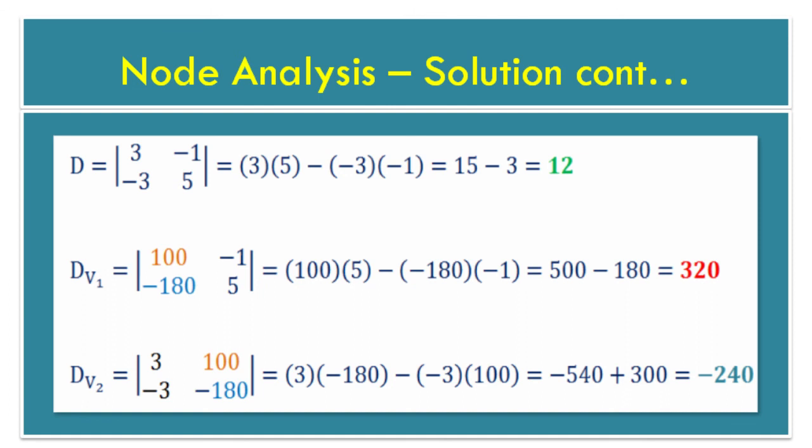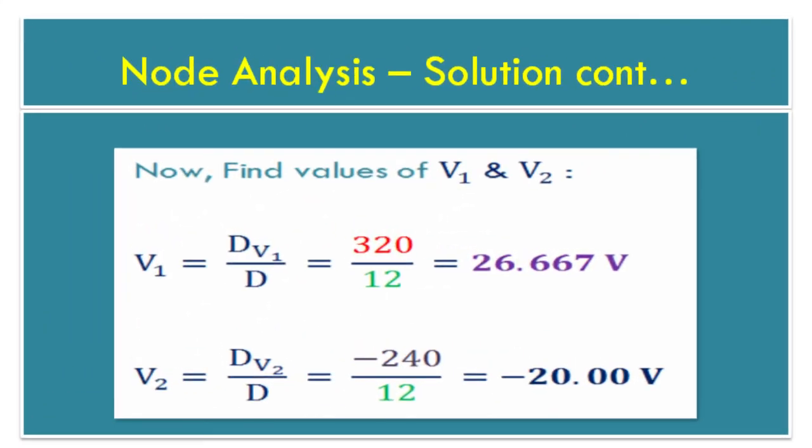Similarly, find determinant dV2 by replacing coefficients of voltage V2 as minus 1 and 5 in determinant D by its constant values as 100 and minus 180. Now solving determinant dV2, we get a value of dV2 as minus 240.